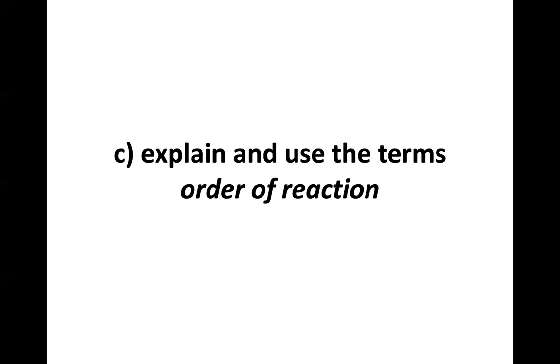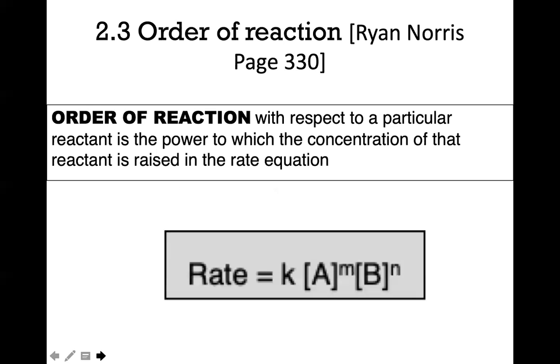I'll try my best. Explain and use the term order of reaction. This is the big question that you're all asking: what is order? Order of reaction is the number that you raise to the power onto your species. Order of reaction with respect to a particular reactant is the power to which the concentration of the reactant is raised in the rate equation.